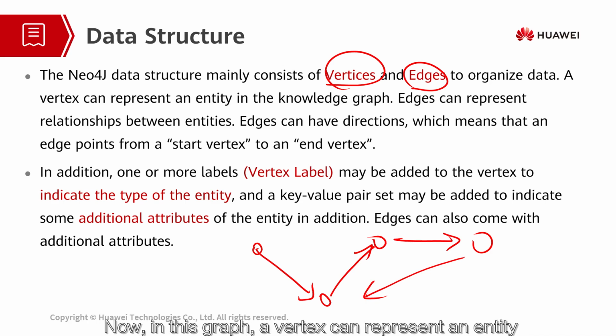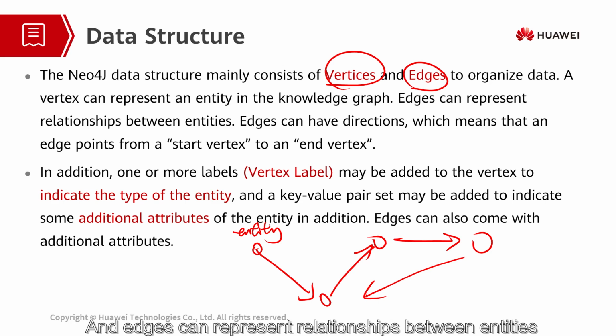Now, in this graph, a vertex can represent an entity, and edges can represent relationships between entities.